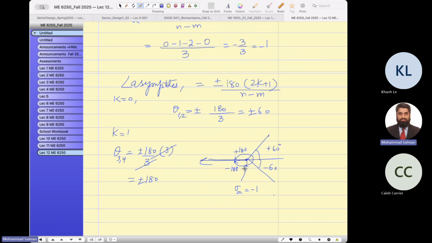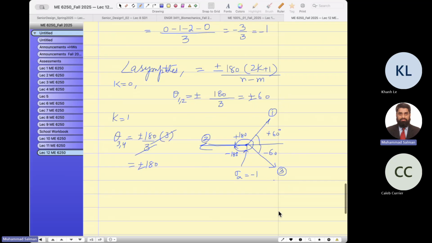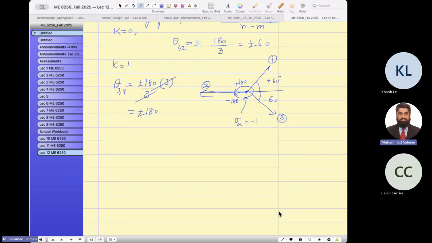You see, guys, these are the three lines. The first asymptote is this one, the second is this one, the third is this one. So our root locus, the loci of all the points, will travel along these three asymptotes. That's our guideline for our system, and we will see where the system becomes unstable and how much gain the system can take.